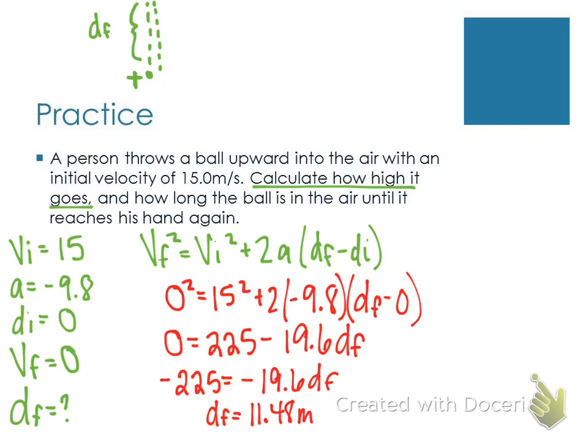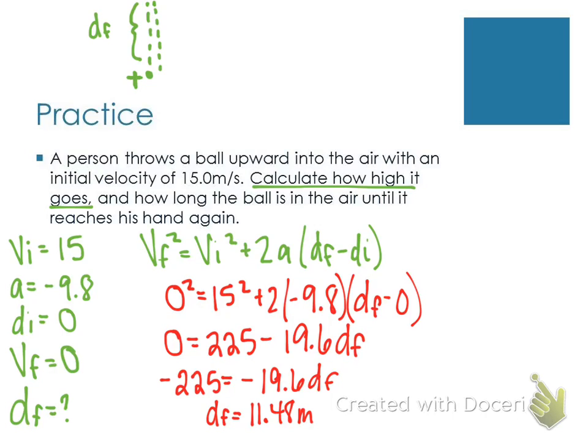Now we need to solve for time on its way up and on its way down. There's two different ways you can go about solving for time. The first way, and I think the simplest way, is to solve for time to peak height, and then we can multiply that time by 2. And this is why.